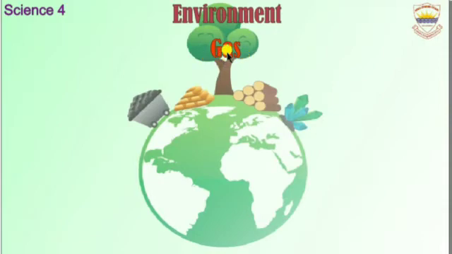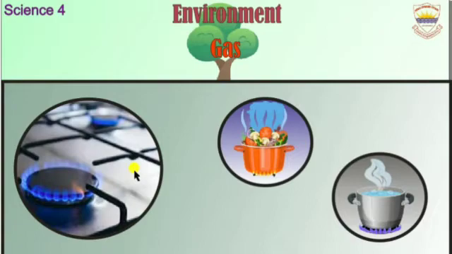Gas. Gas is a natural resource as well. Have you ever seen the flame of a stove? I am sure that you have seen it in your kitchen. You can see the flame burning in the stove because of gas.